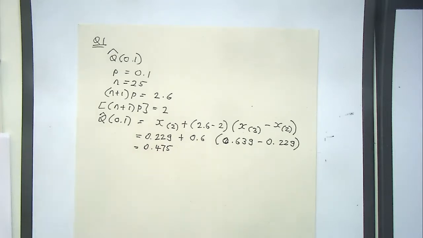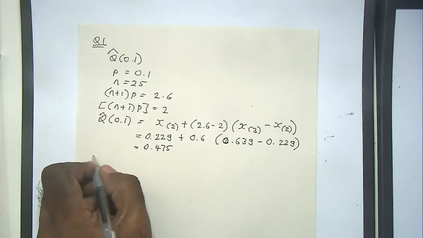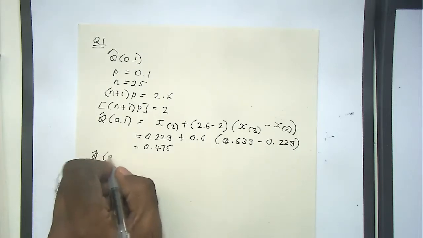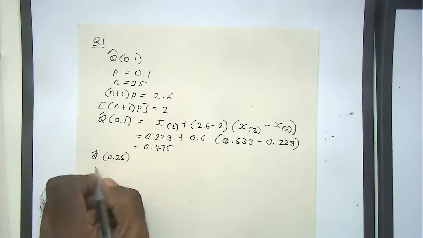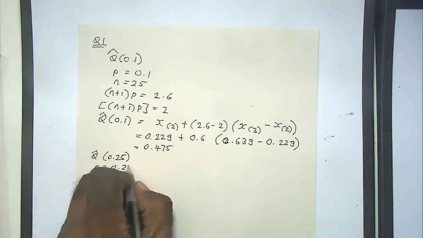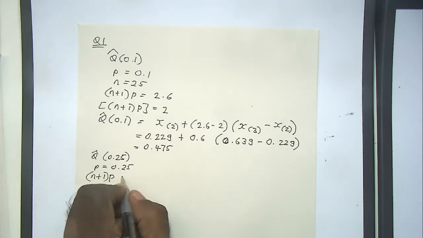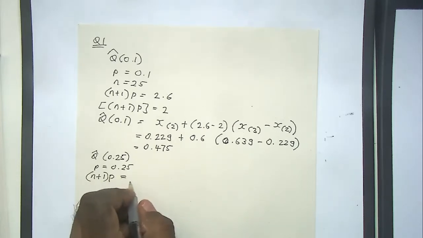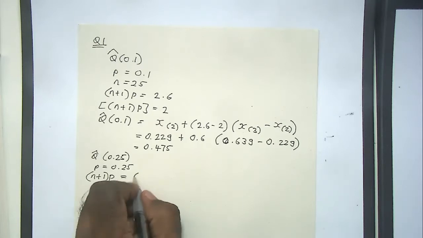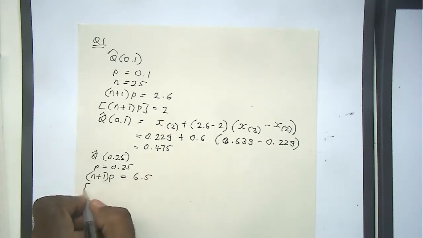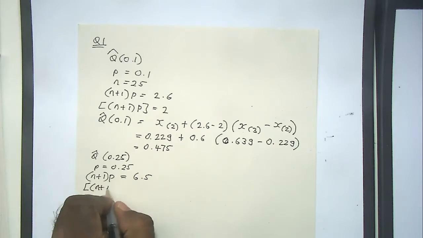The next one is the quantile at 0.25. Your P is 0.25, your N is 25, so (N plus 1) times P would be 6.5. The integer part is 6.